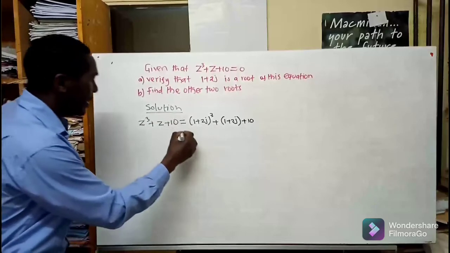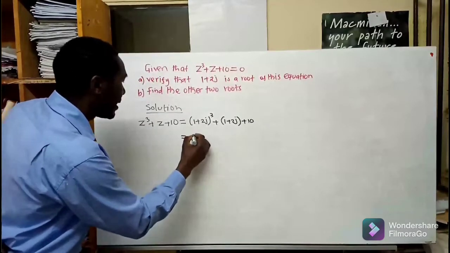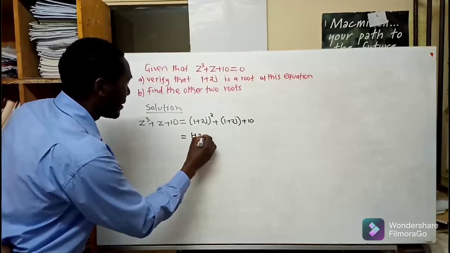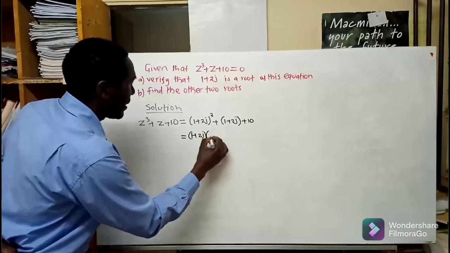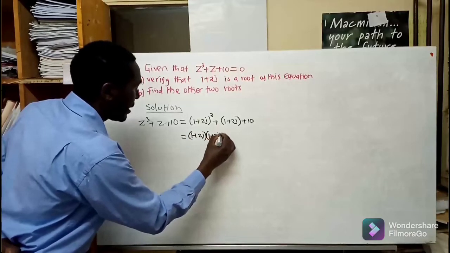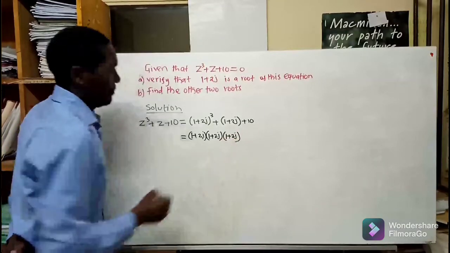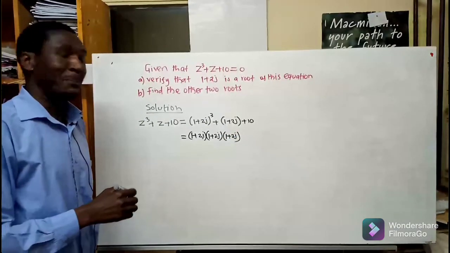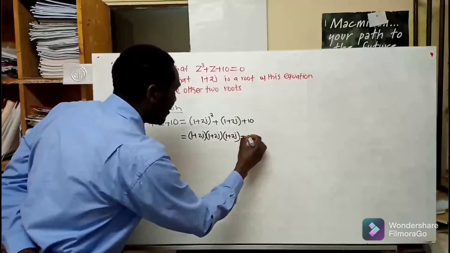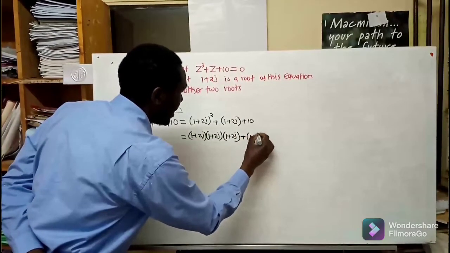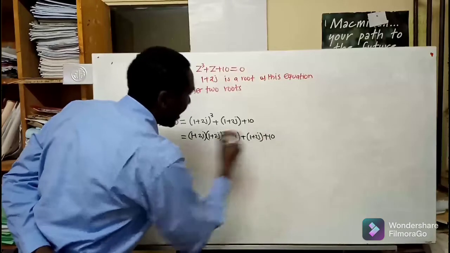Substitution. Then we have, if you expand this, it's like 1 plus 2j multiplied by 1 plus 2j multiplied by 1 plus 2j. Simple. Then we have add 1 plus 2j, add 10.